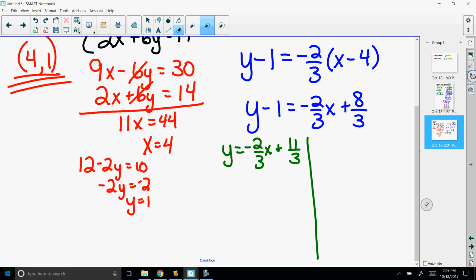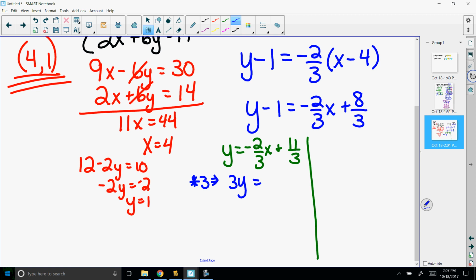Now what do you want to do to get it into that AX plus BY equals C? I would get rid of the fractions first. If I get rid of the fractions, what do I have to do? Multiply everything by 3. When you do that, what do you get? You get 3y. You got to multiply both sides by it.